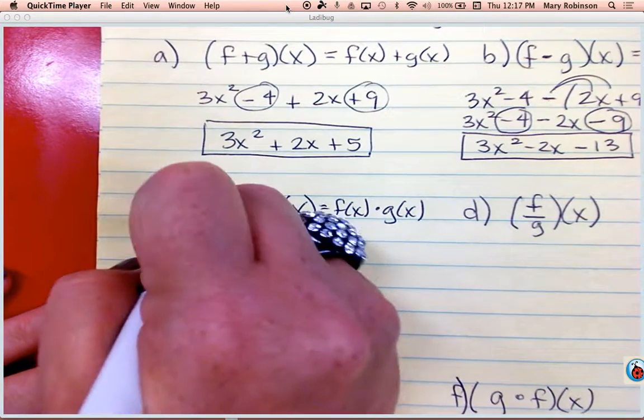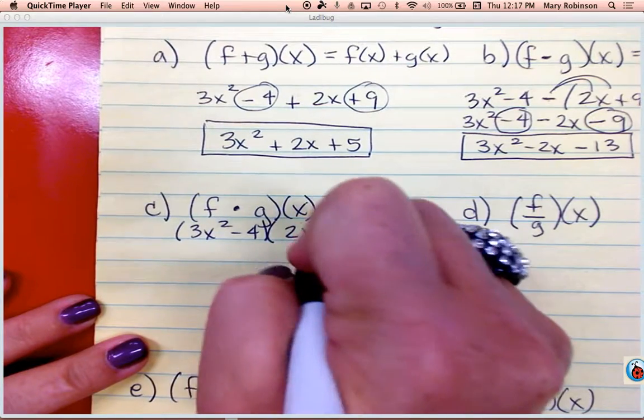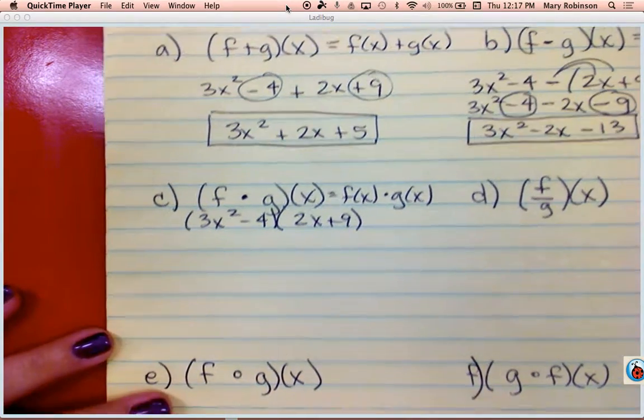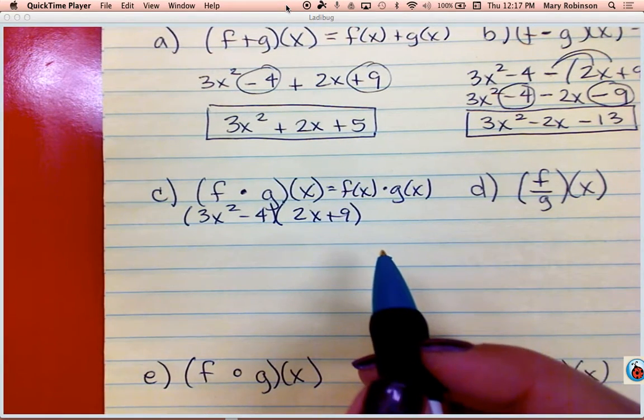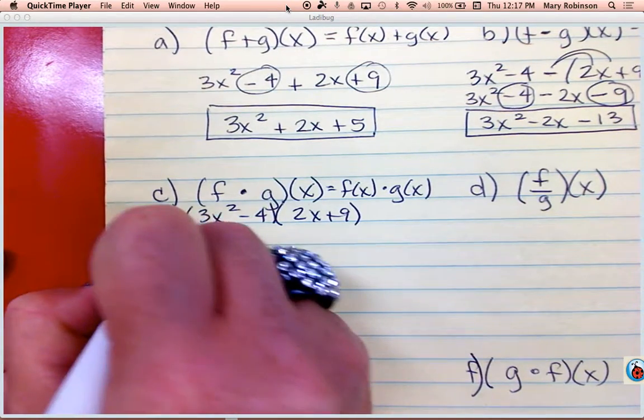So f of x is 3x squared minus 4, and g of x is 2x plus 9. We want to put those two quantities in parentheses, and we can either double distribute, which some of you might prefer, or use the box method, and I'm going to use the box method.